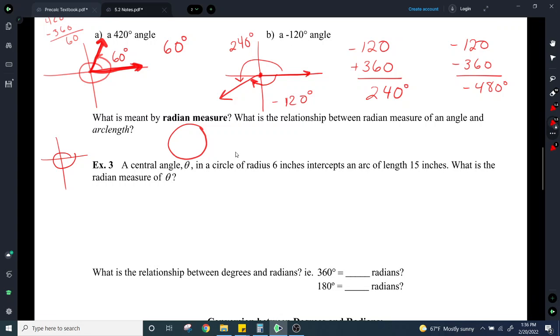It's the relationship between the radius of the circle and the circumference of the circle that's marked off by whatever the radius of the circle is. So if I have an angle like this, how much of the circumference is marked off by that angle, that would be considered radian measure. So it's another way of measuring angles besides using degrees.